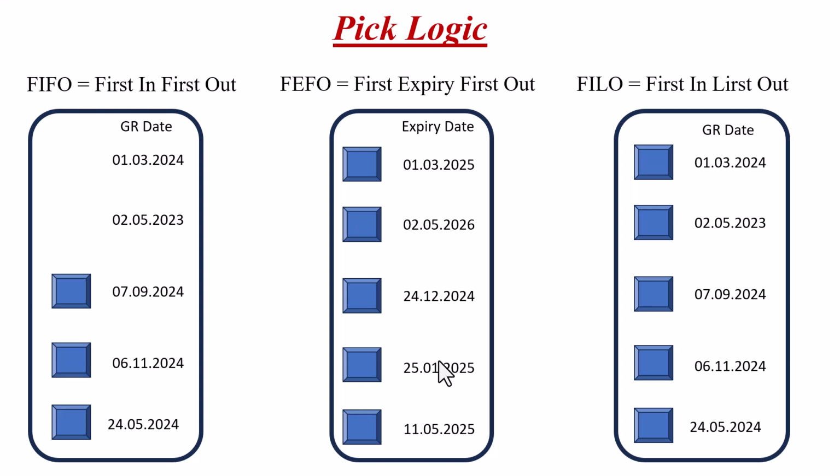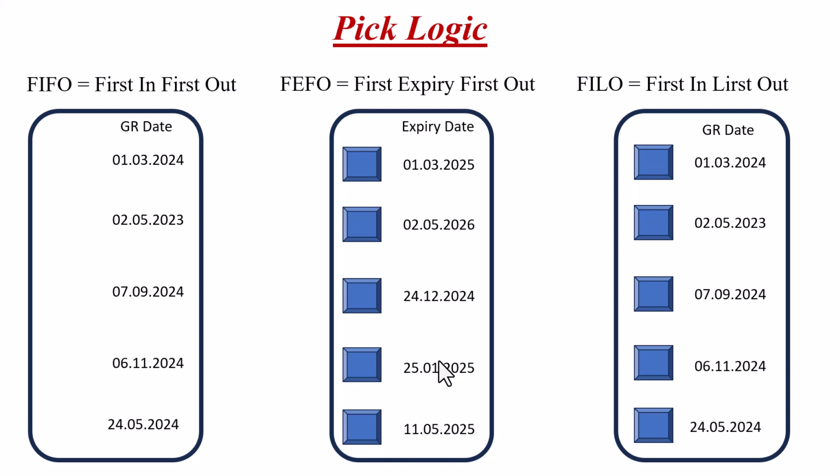And the bottom one we received in the fifth month. So the system will automatically pick that one, and this one, and this one. This is what we call FIFO logic, first in, first out, based on the GR dates of the product. When we have received the product, this FIFO is going to work.